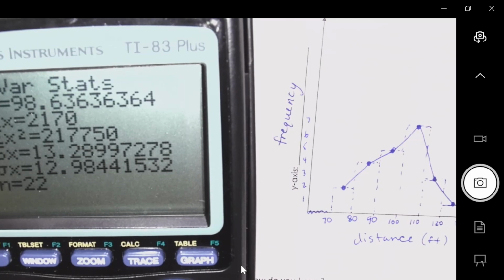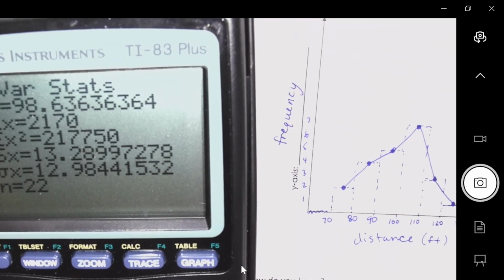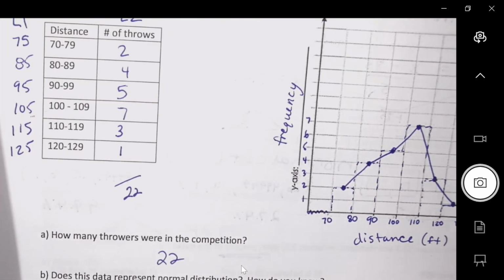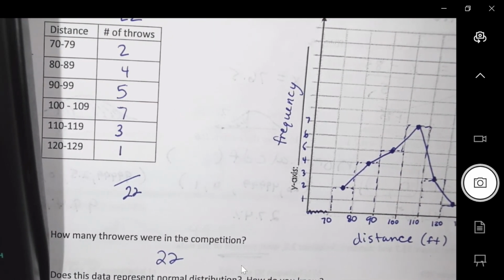You might have one that... I did L5 and L4. Okay, well that might be why, because you have no data in there. Anybody match my numbers? 98.6.